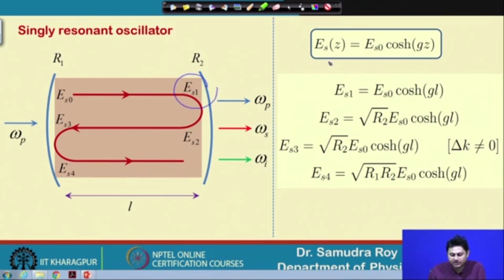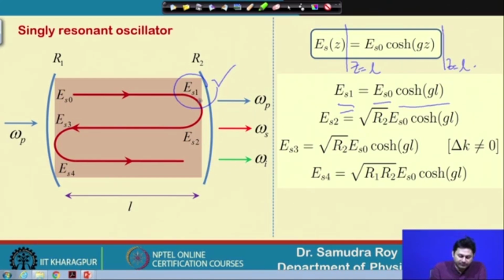We have the expression here, so if I want to find out Es1, I just need to evaluate at z equal to L. So Es1 is nothing but the field at z equal to L, and when I put this, we will find Es0 cosh(gL), because I need to find the field at that point.